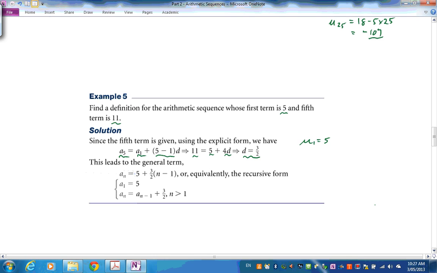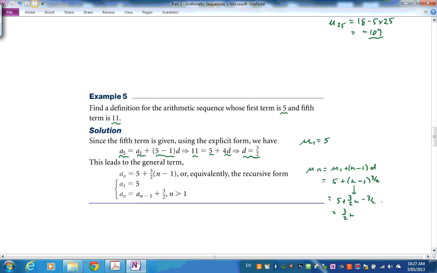So therefore, what is the formula? Well, remember the formula is un equals u1 plus n minus 1 d, and we just found d, so it's 5 plus n take 1 by 3 over 2, which you could expand again, 3 over 2 n take 3 over 2, and 5 take 3 over 2 is 5 over 2.